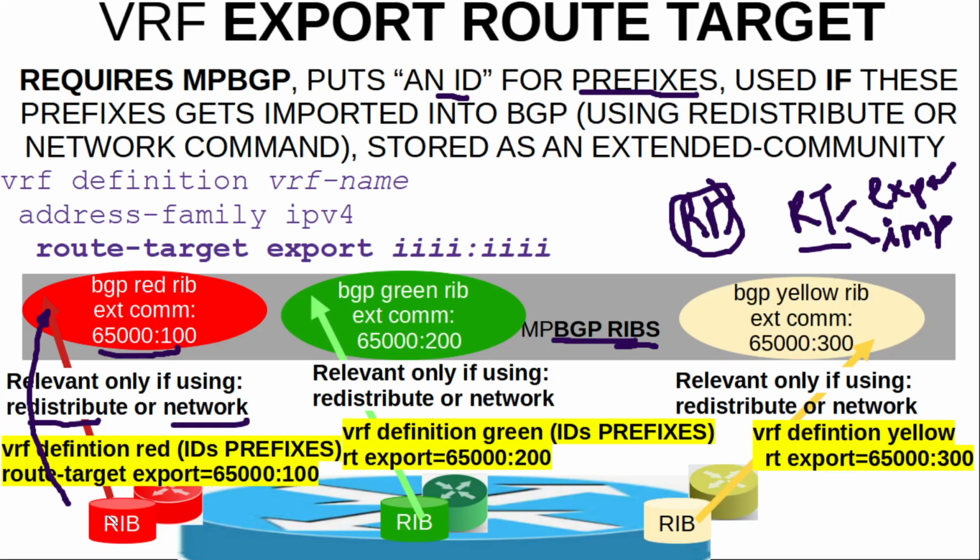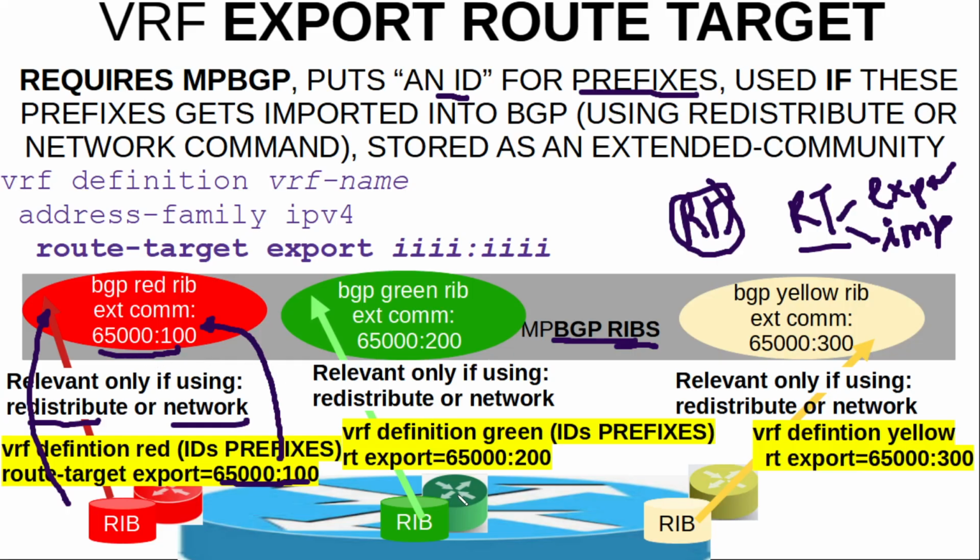So for instance, these red VRF prefixes are configured with this route target export number, and if these prefixes are imported into BGP using the redistribute or network command, these prefixes will live inside BGP with this extended community 100.